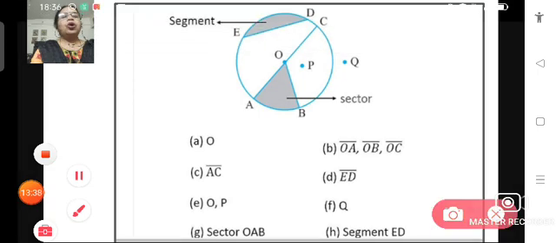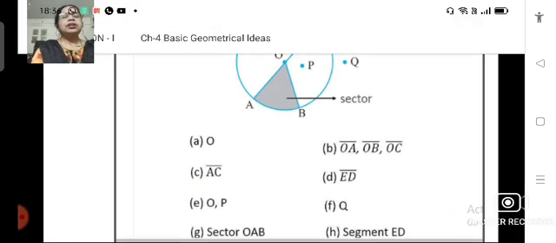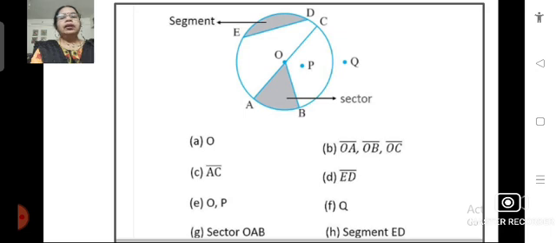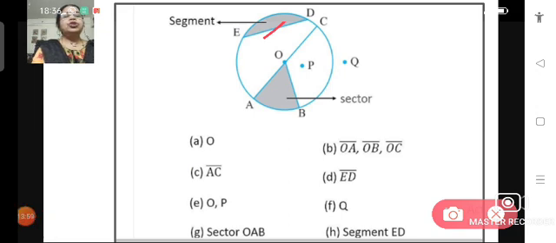A diameter is a chord which joins 2 points on the circle and passes through the center. So AC is the diameter. Then a chord is ED. ED is a line which joins 2 points on the circle. So ED is the chord.